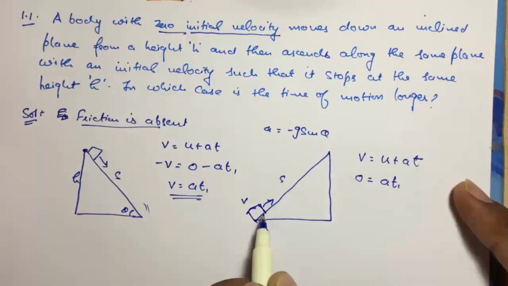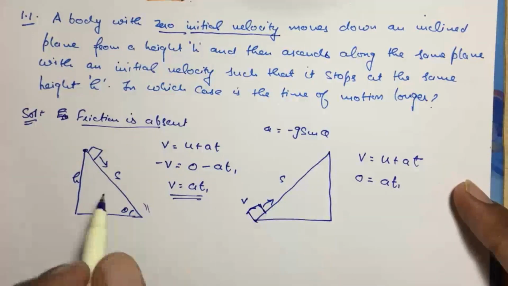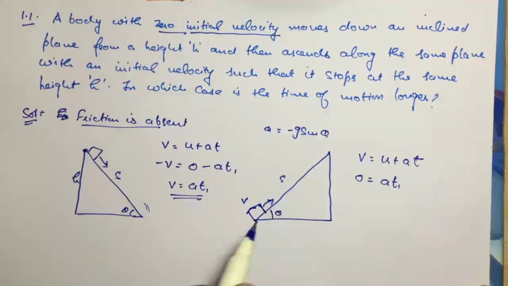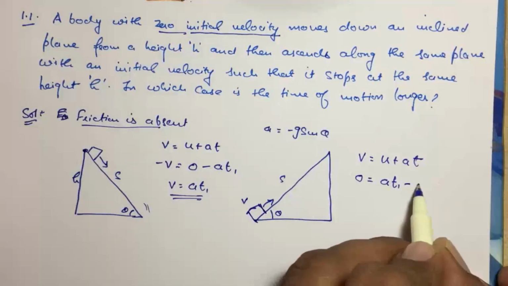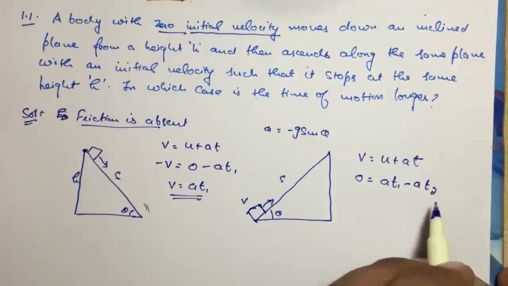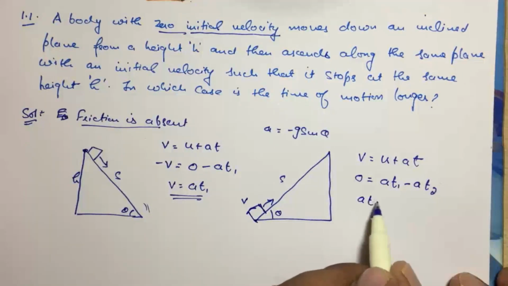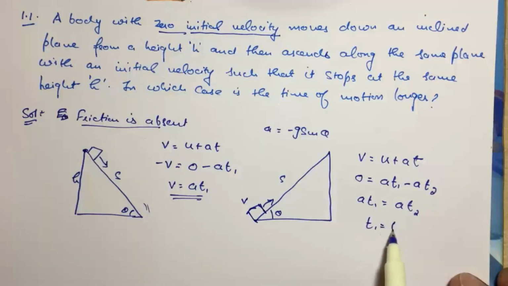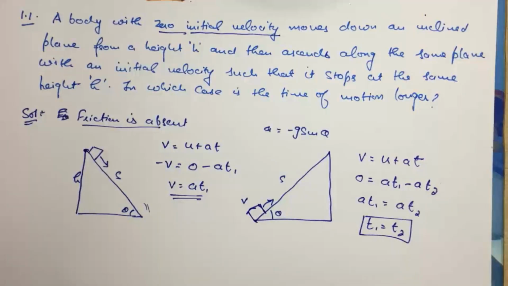Since the paths, planes and angle are the same, the acceleration is the same. So with time taken t2, we can say that a t1 is equal to a t2, so t1 is equal to t2 in this case. So if friction is absent, the time taken is the same.